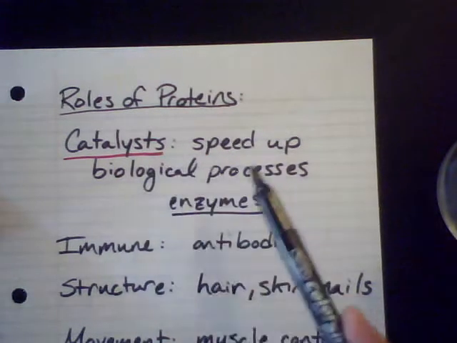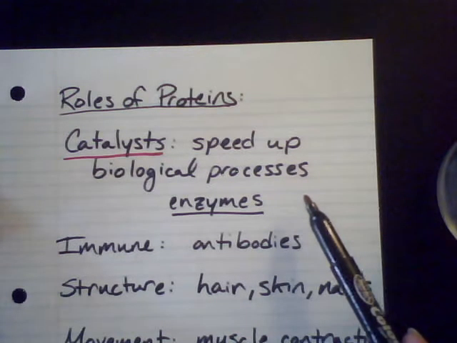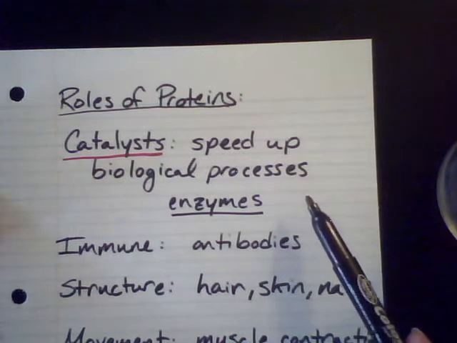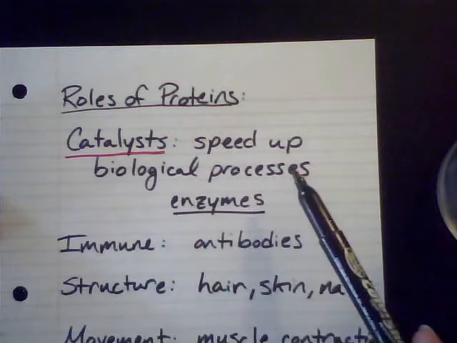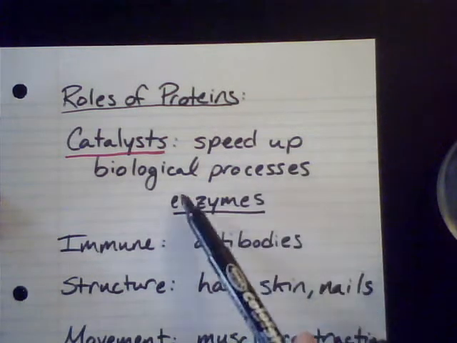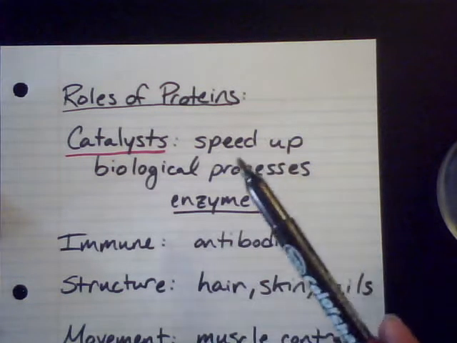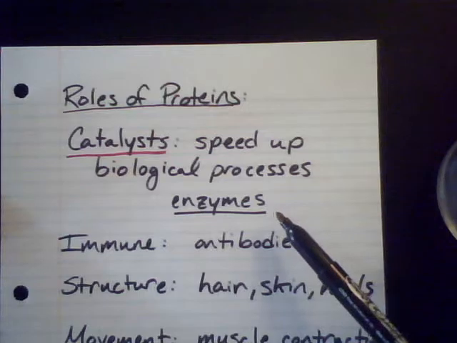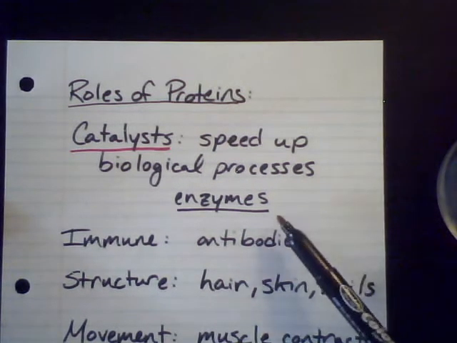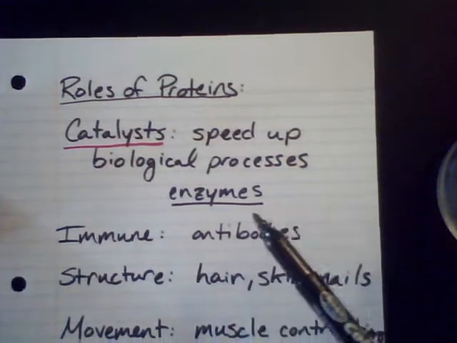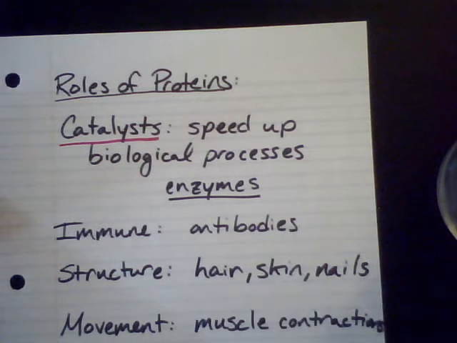We said a catalyst speeds up a chemical process, and they do that by lowering the amount of energy it needs to occur. So catalysts do the same things except in a biological system. In our bodies, these proteins that act as catalysts are called enzymes, and you've probably heard the word enzyme before. These are things that speed up biological processes so that they can occur in the time that we need them for our bodies.